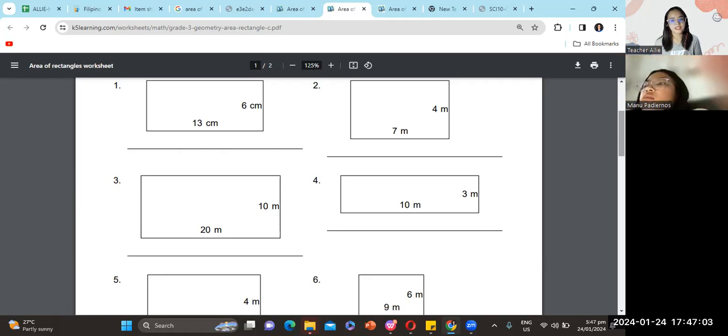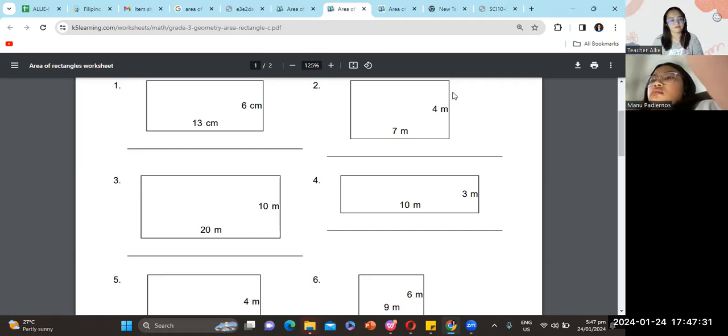Remember, the length is the long side. Okay, what is the length first?